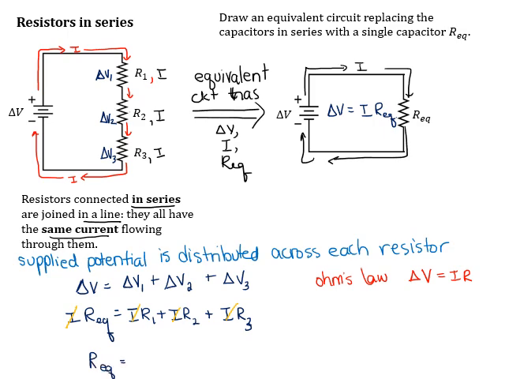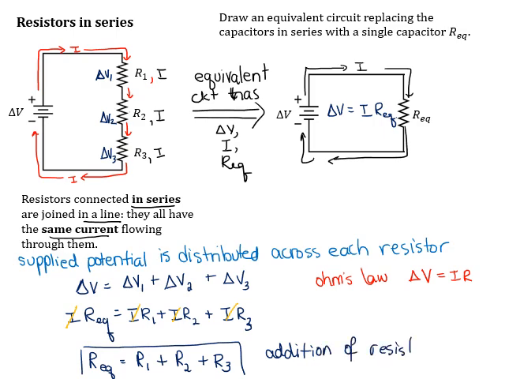So the equivalent resistance for a set of resistors connected in series is R1 plus R2 plus R3. So this is how we add resistors in series. Next, let's do an example of a series connection of resistors.